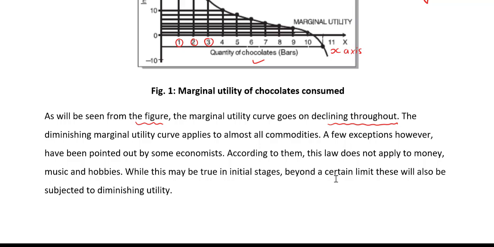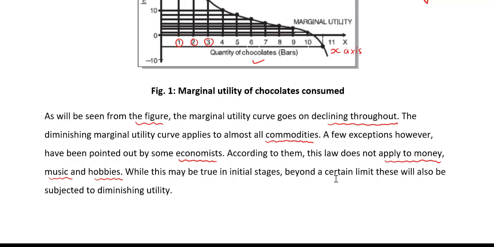The diminishing marginal utility curve applies to almost all the commodities. A few exceptions have been pointed out by some of the economists. According to them, the law does not apply to money, music, and hobbies.